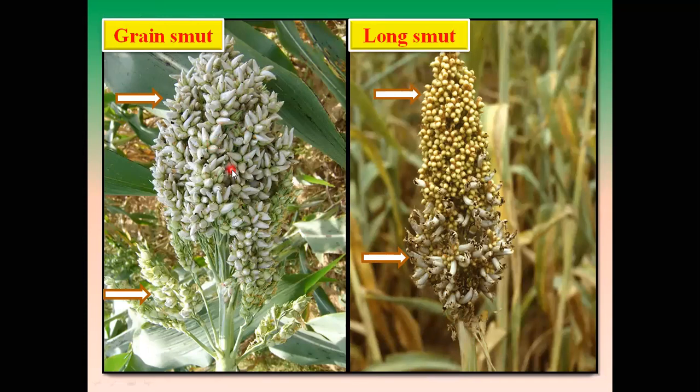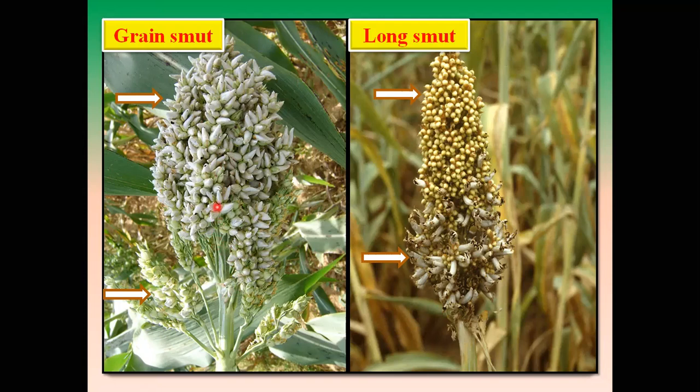Grain smut is also known as covered smut, kernel smut or short grain smut. This infection is seen on sorghum at the time of grain filling or grain formation in the infected earheads.